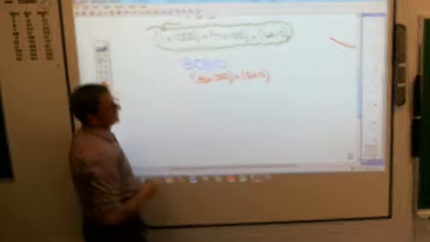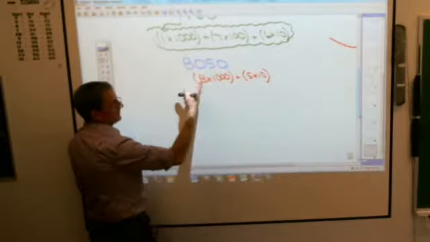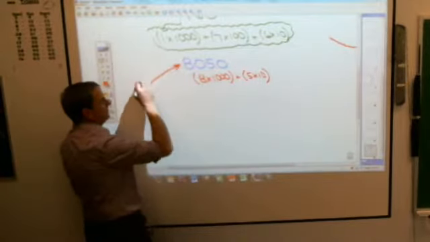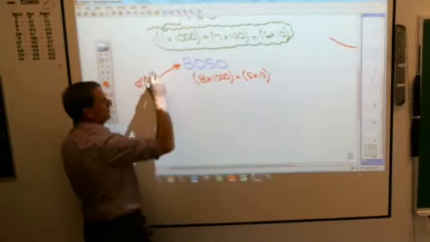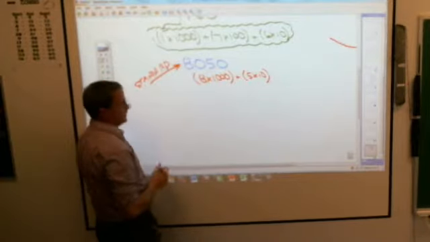Now, not only do you need to be able to go from expanded or this to this, we got to go backwards. By the way, this form we call standard notation, mostly because it's the standard way we write stuff.